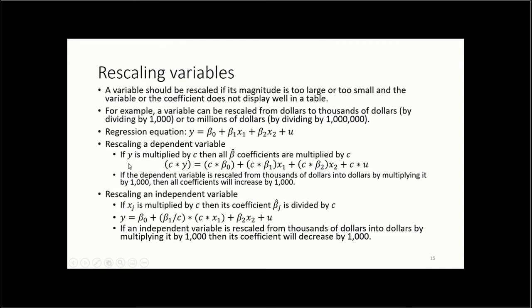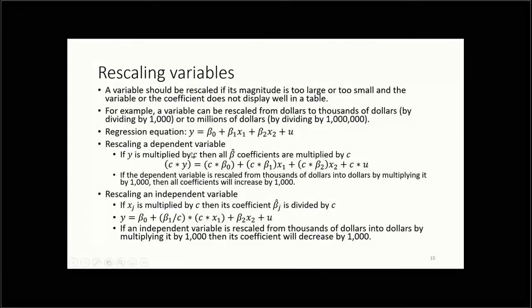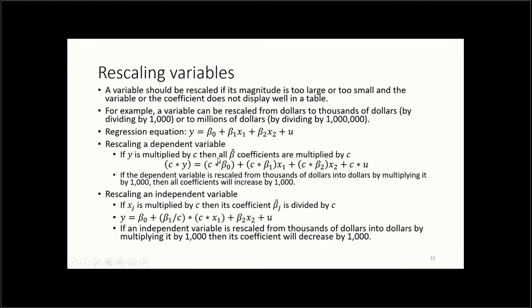If the dependent variable is multiplied by c, then all beta hat coefficients are going to be multiplied by c. Here we multiply this variable by c, and in order to keep the equation an equality, we have to multiply all of the coefficients by c.